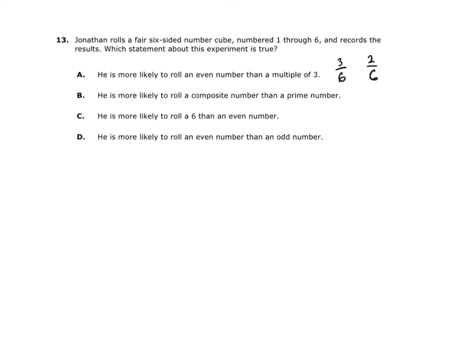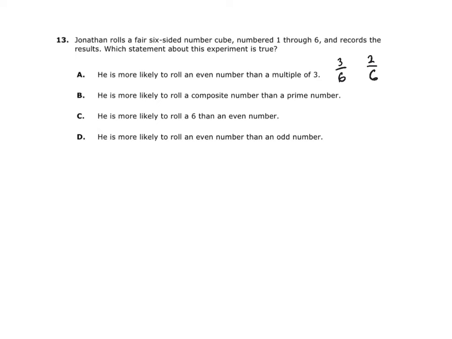B says he's more likely to roll a composite number than a prime number. So a composite number is a positive integer that can be formed by multiplying 2 smaller positive integers. So for a number cube, that would only be 4 and 6. Okay.